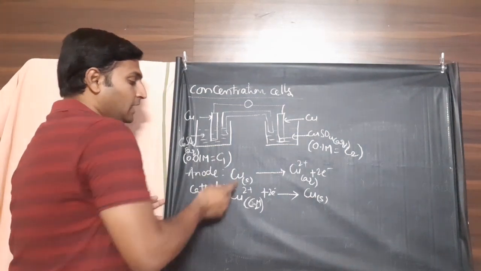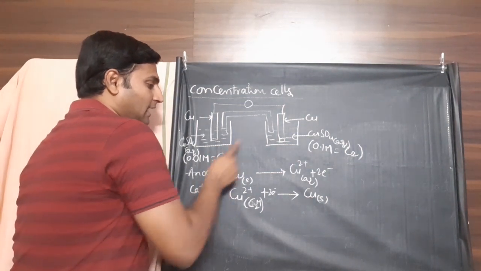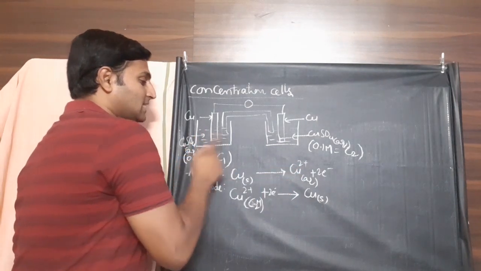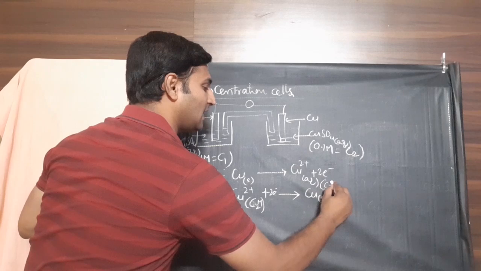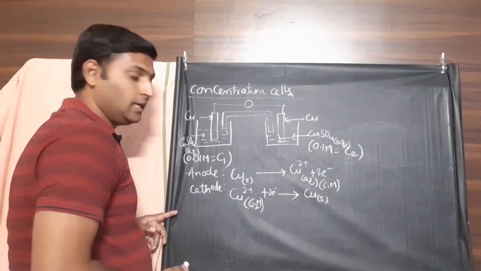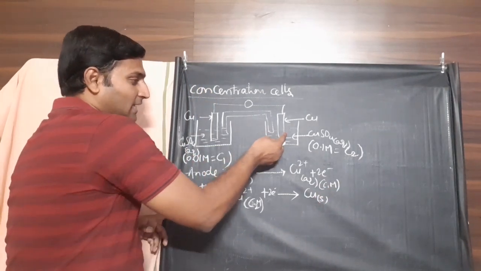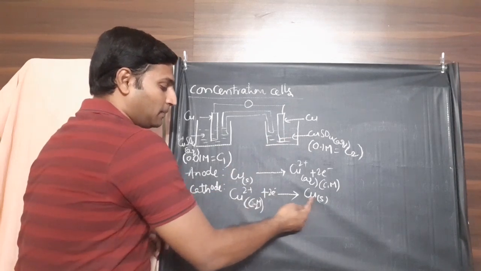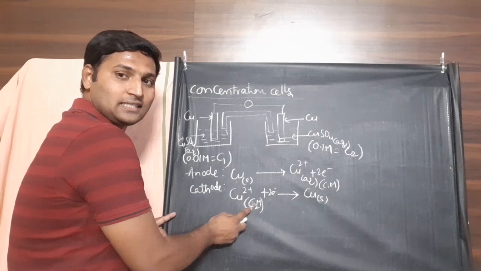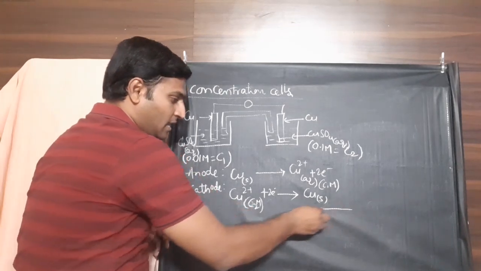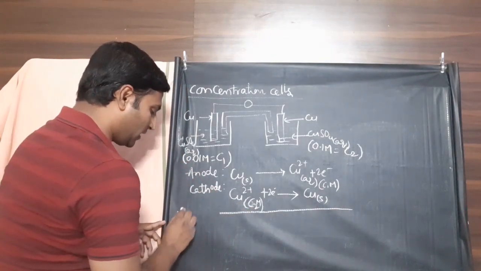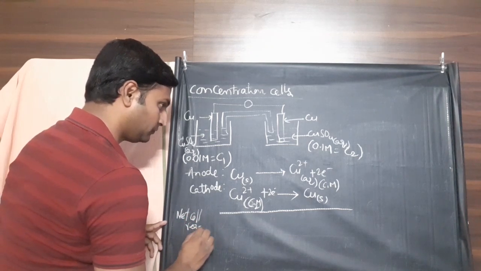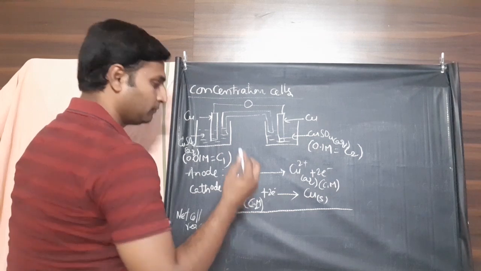Now you see, the copper solid is entering into solution as aqueous copper ions, whereas the already existing concentration here is C1 molar. Then the copper cations present in the right half vessel are gaining 2 electrons and becoming copper solid, where the concentration of ions is C2 molar. Now, if I try to get the net cell reaction here, what happens?